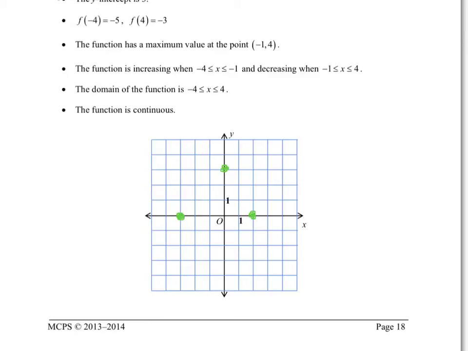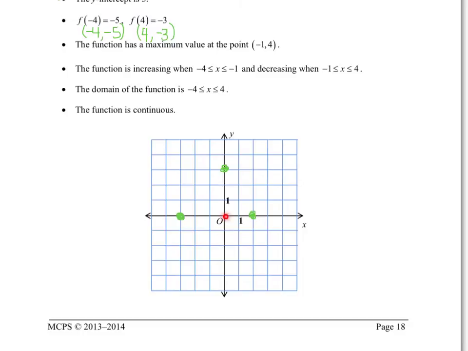Remember, this means that this is our x, this is our y. Therefore, we can write the point -4, -5. For f of 4 equals -3, we can write the point 4, -3. And we know that those are going to be on our graph.